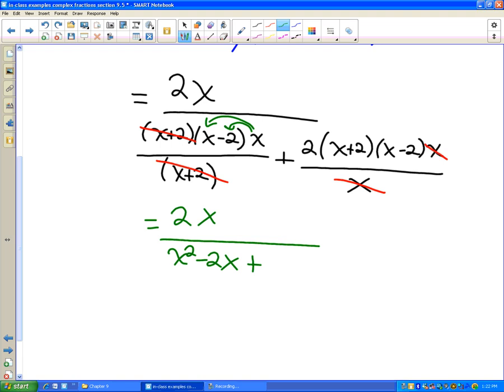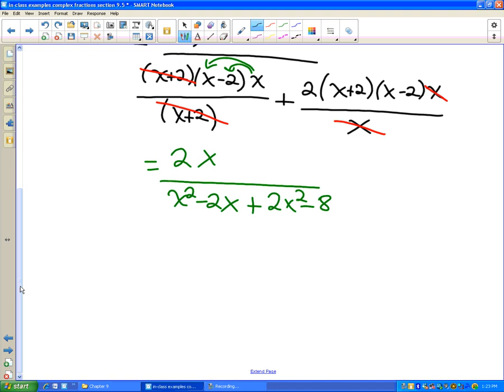We know that this is x squared minus 4 times 2 is 2x squared minus 8. Combine like terms, and I end up with 2x over 3x squared minus 2x minus 8.